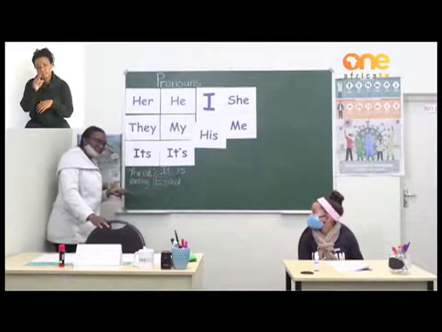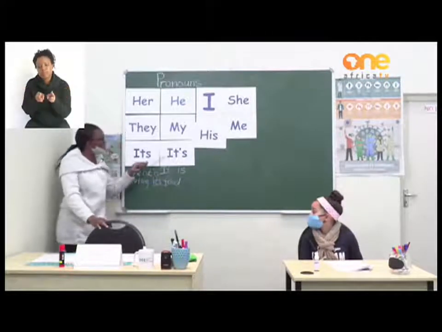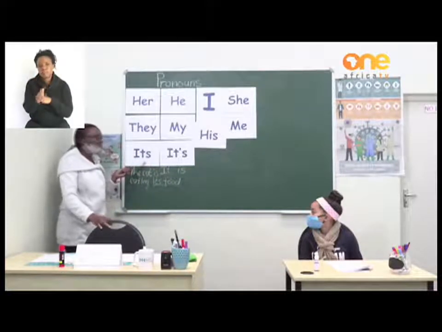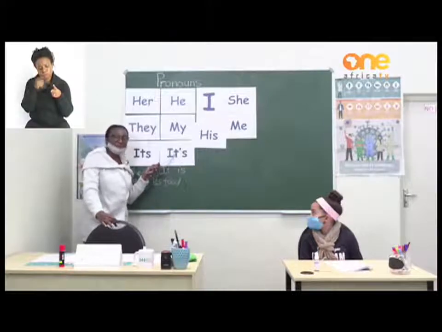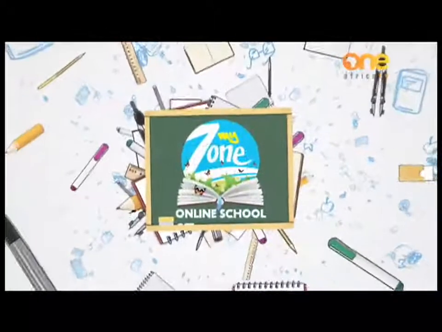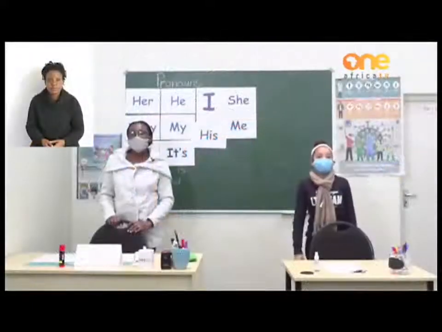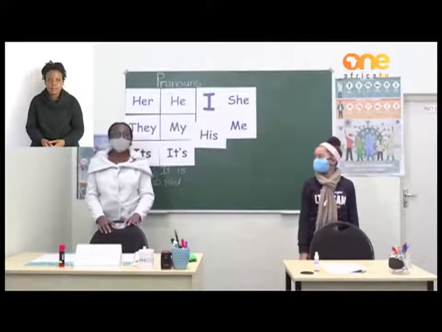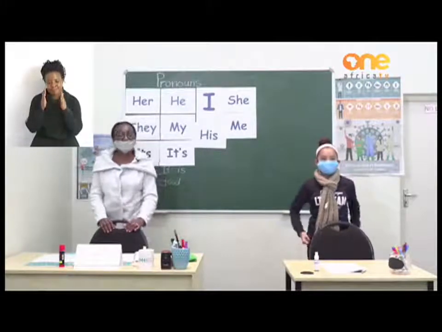Chanel, can you see the difference? I hope you're not going to confuse these two. Its without an apostrophe and it's with an apostrophe. I hope that you are paying attention and that you are ready to do your work.